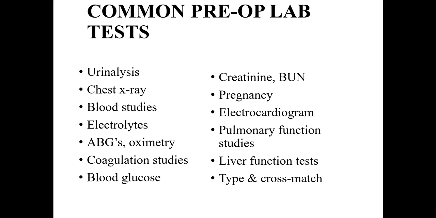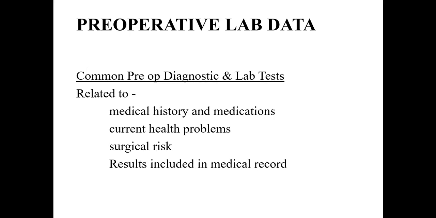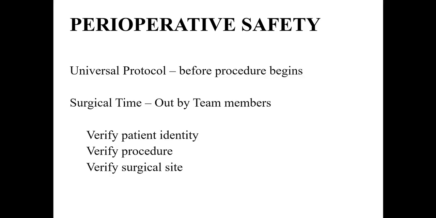Cortisol levels go up, blood glucose levels go up. So there may be a need for insulin. Let's see. So we talked about the lab data, medical history, health, surgical risk, perioperative safety. Okay, so very important.